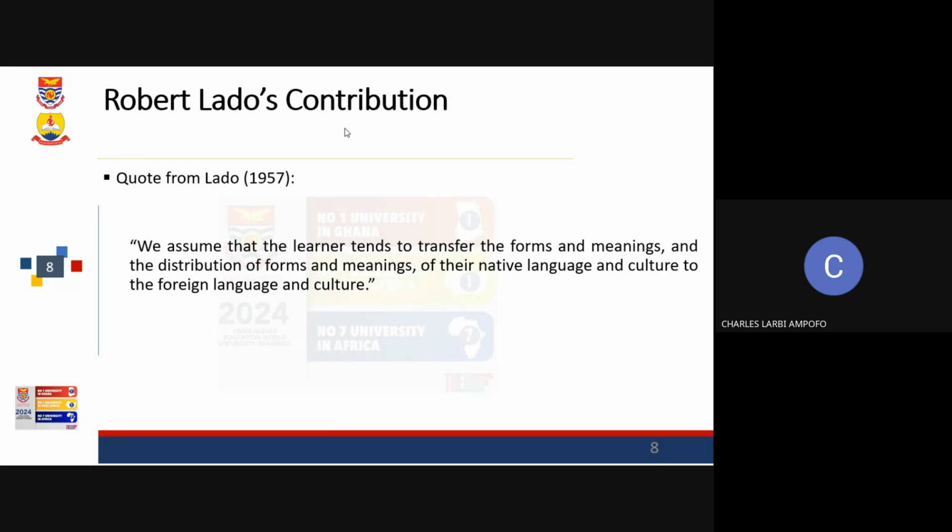That is why they are of the opinion that it's important to compare the two languages to see how the person will transfer these forms to the target language, that's the language they seek to learn. All right.